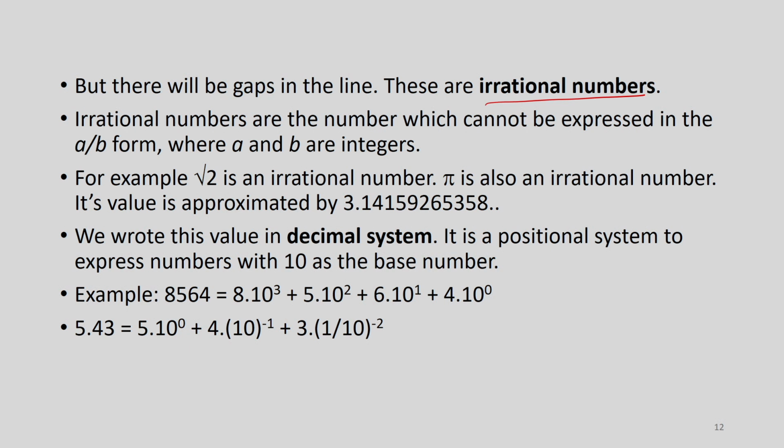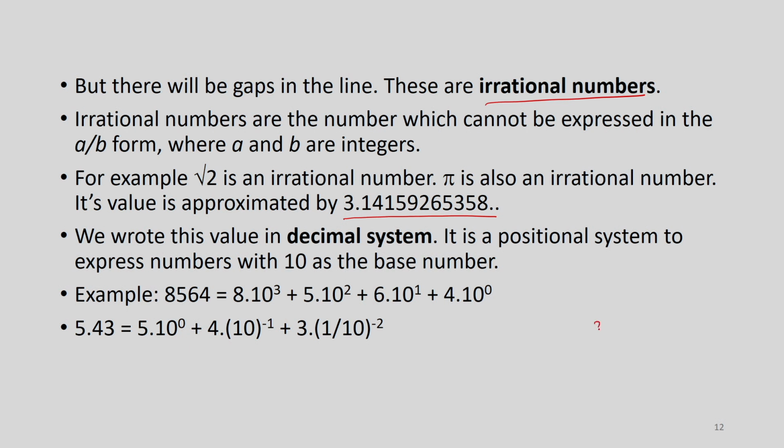This is a famous irrational number. Pi is also an irrational number, and its value is approximated by 3.14159265358. So, it goes on. Now, see, if it goes on, right, then you cannot put it as something divided by something.